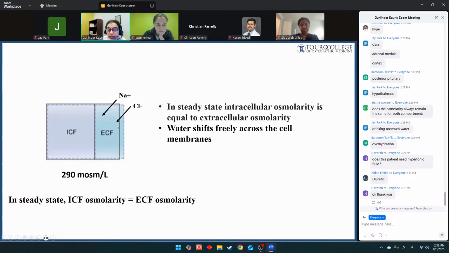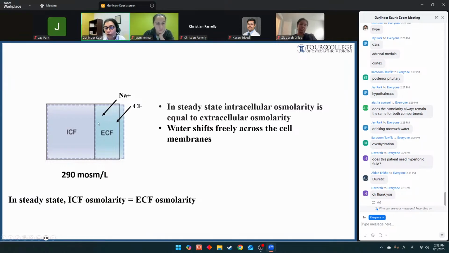If there is any osmolarity change by adding more water, losing more water, or adding more salt, you are impacting the osmolarity. If you're adding more sodium, you're going to take the osmolarity up in ECF first, and then the changes start from one compartment to the other.